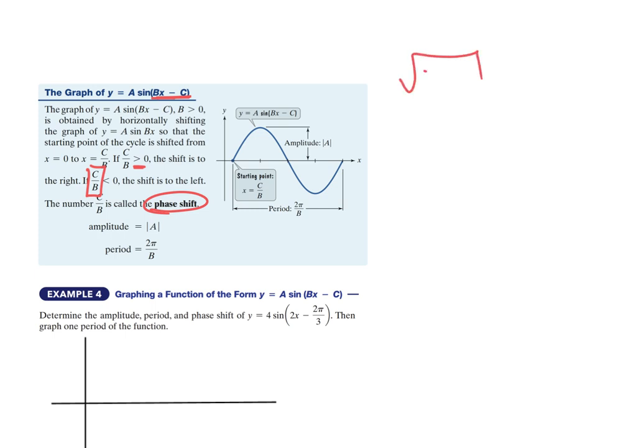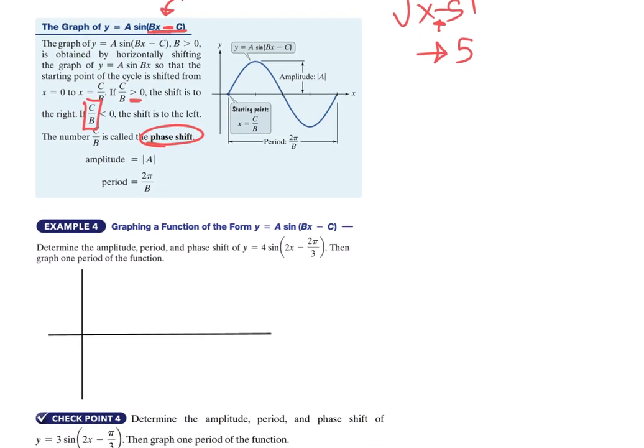If I had the square root of x minus 5, you would know, oh, that goes right 5, because it's the opposite of what we would think with that negative sign. That's the same thing here. If there's a subtraction sign in here, and we don't have a subtract -3, so simplify that out if there is, if it's a subtraction, it moves to the right. If it's an addition, you move to the left.